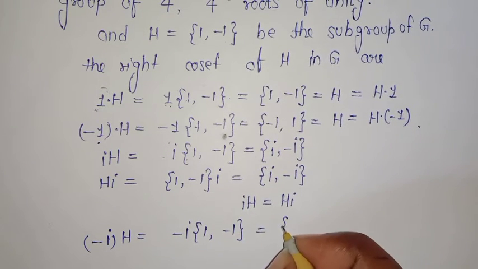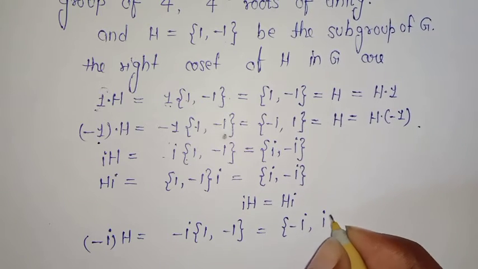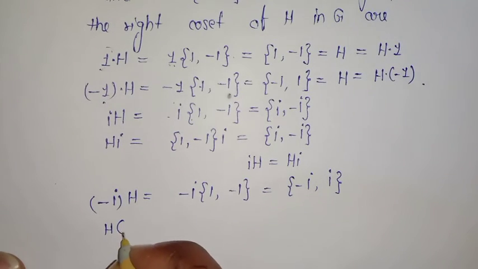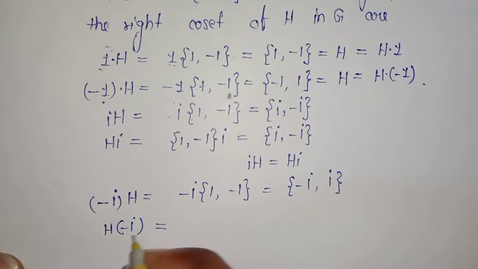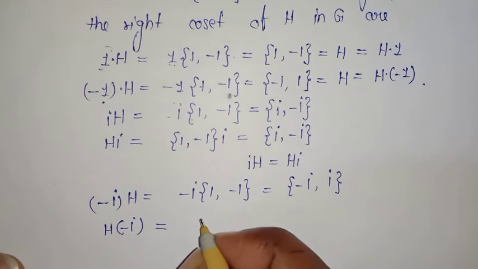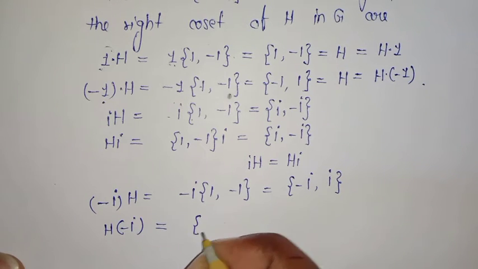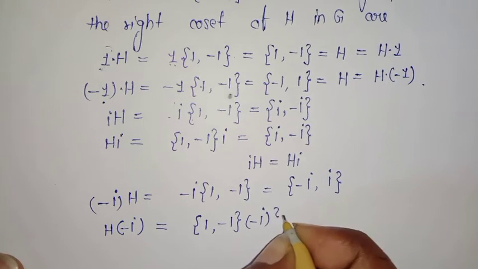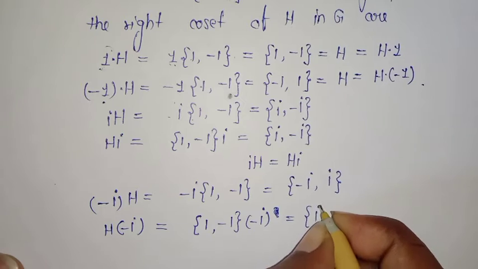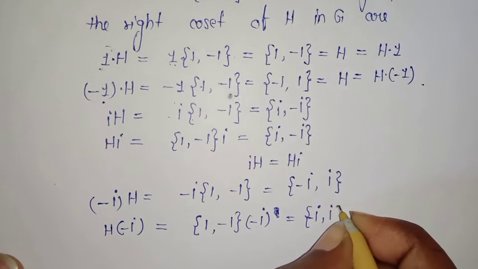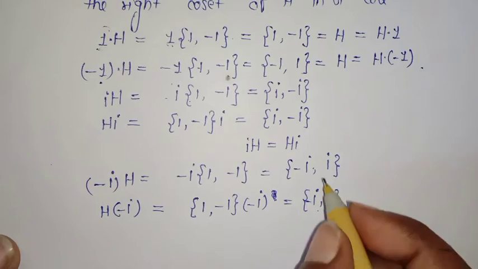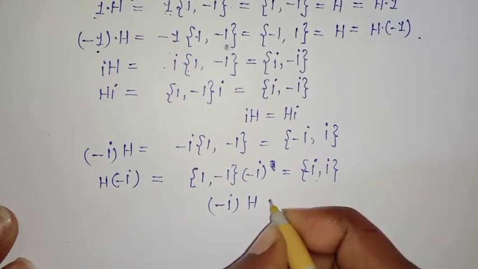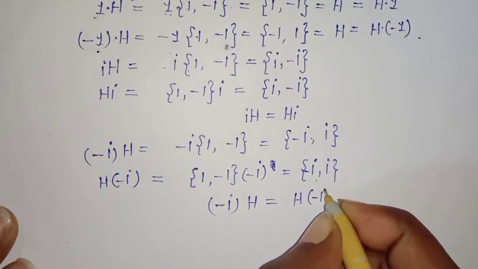If we multiply we get minus I comma I. And if I find the value of H into minus I, that is the right coset with respect to the element minus I, then this gives me 1 minus 1 multiplied with minus I, and if we solve it we again get minus I comma I. So these two are the same, that is, minus I into H is equal to H into minus I.